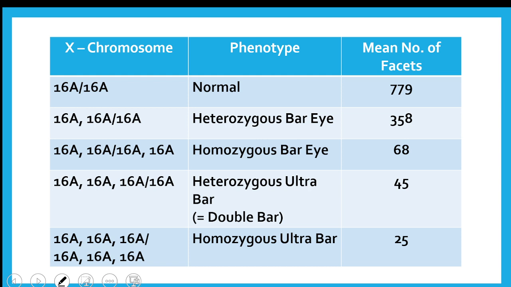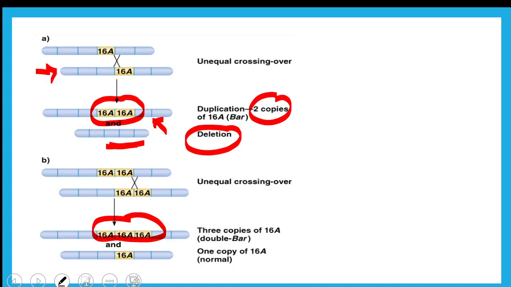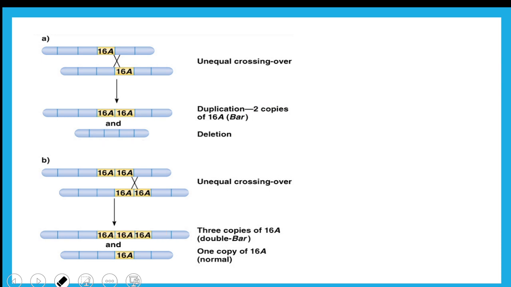When this segment is on one chromosome, there is one 16A and the other 16A, that is normal, as seen here. This is normal.